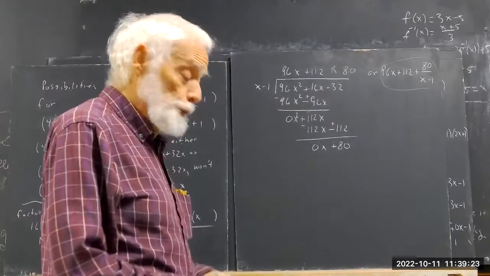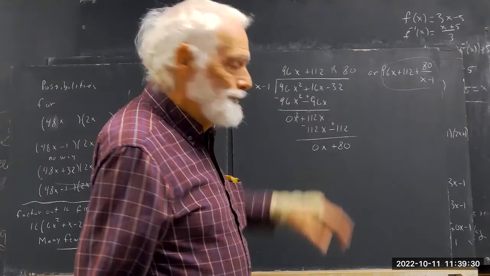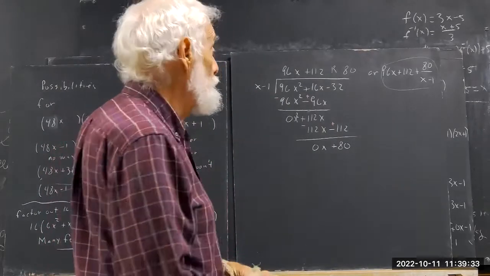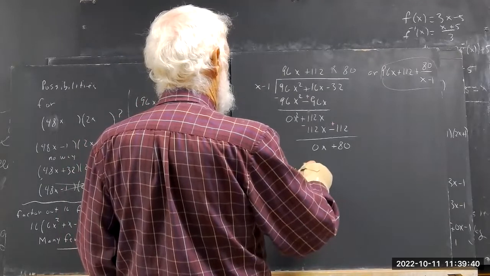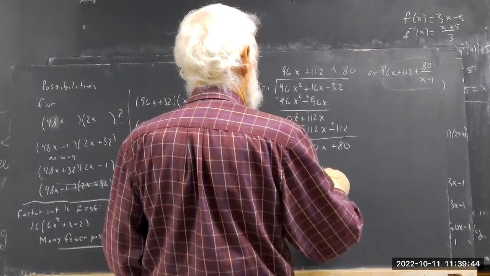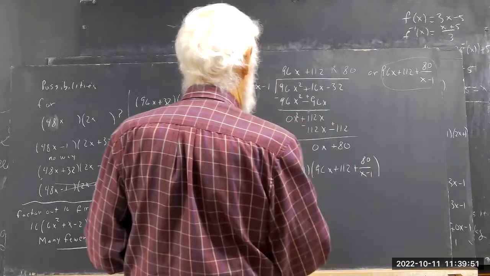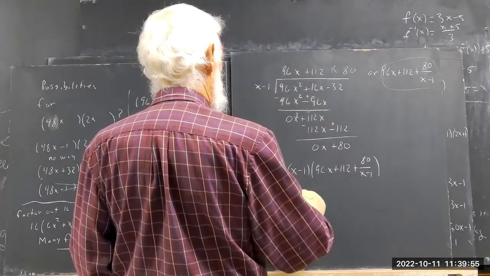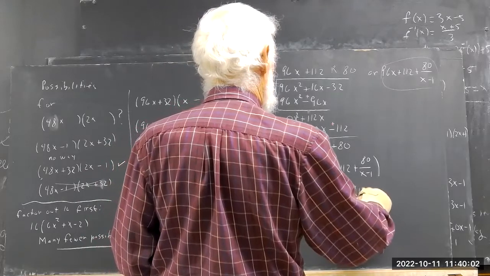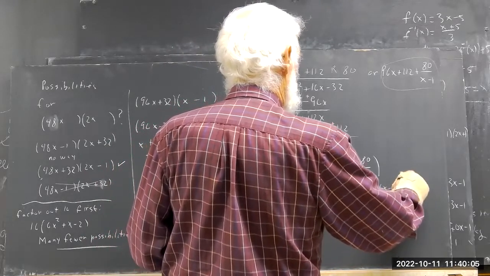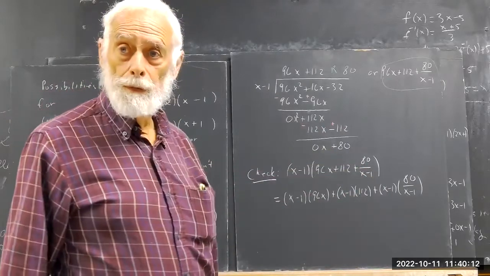Well, that's the process. You've got your rules. And the process is actually very simple if you remember about your signs. Now let's just make sure this works. Check this times this. Use the distributive law.